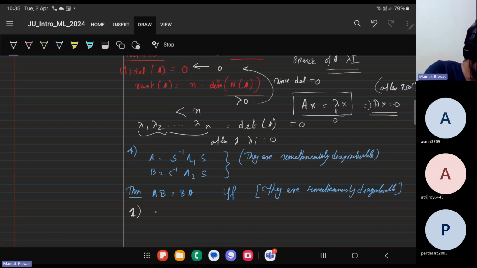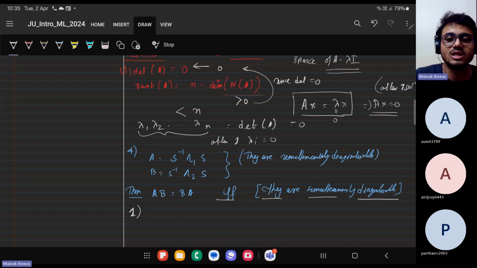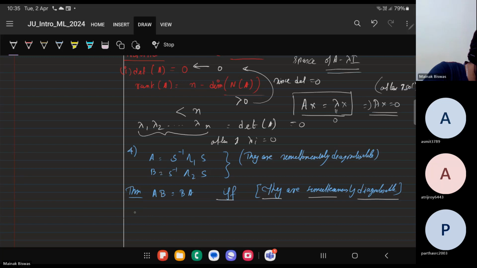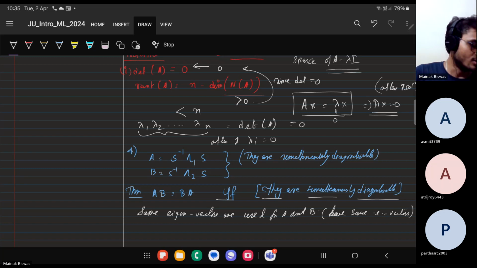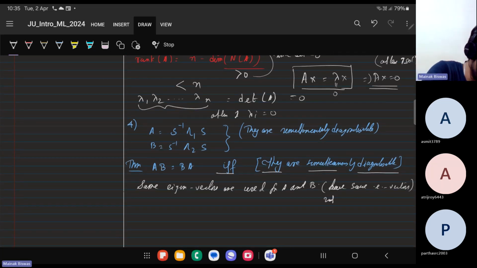I'll be proving this direction, but remember, this is a very, very important, another case where you're using similarity transformation. So the same eigenvectors are being used for A and B. So they have the same eigenvectors, but not the same eigenvalues.